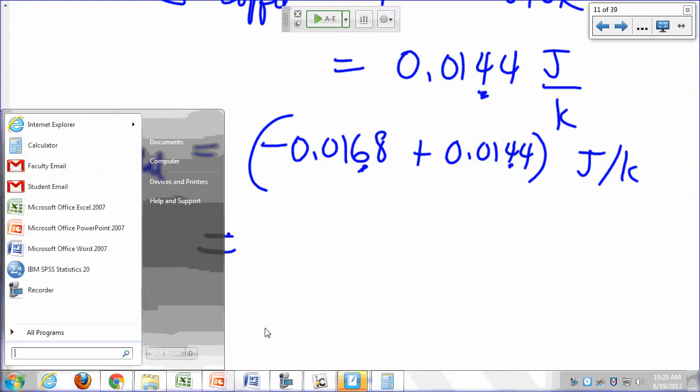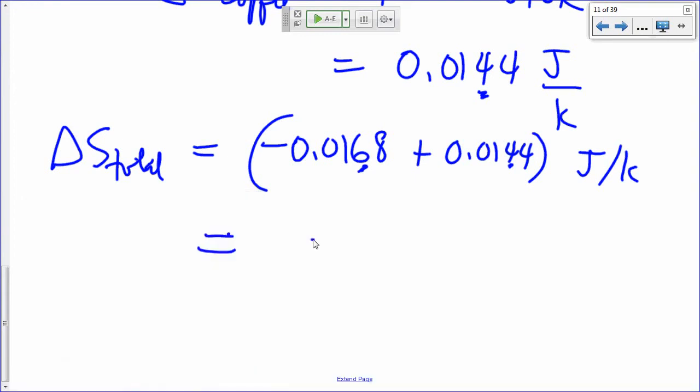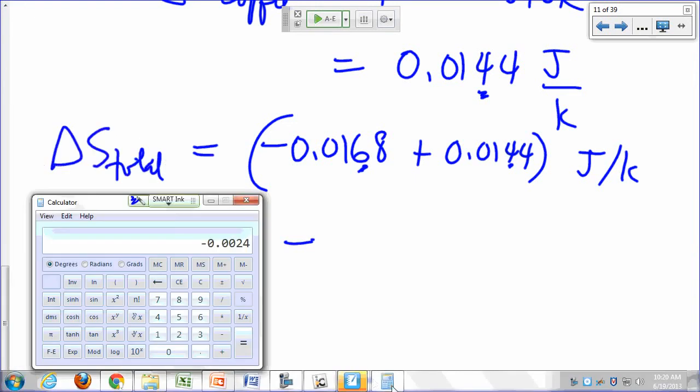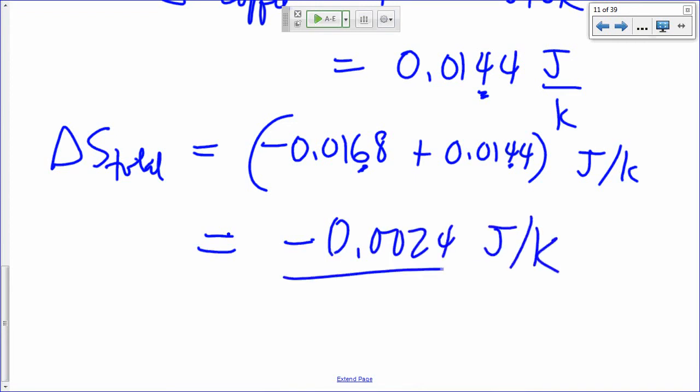Negative 0.0168 plus 0.0144 is negative 0.0024. Why should it be negative? Because we know it's not going to happen, right? We expect it to be negative. So S, entropy of the universe, gives us a guide as to whether something has a natural tendency to occur.